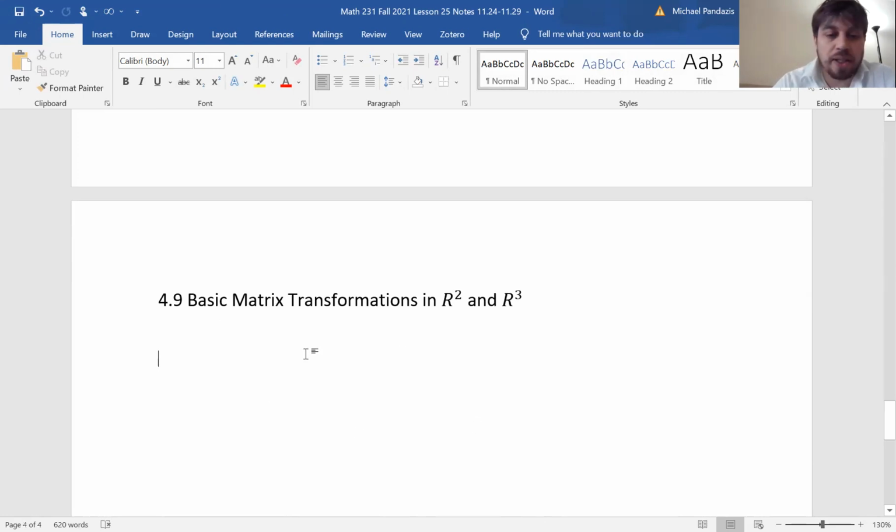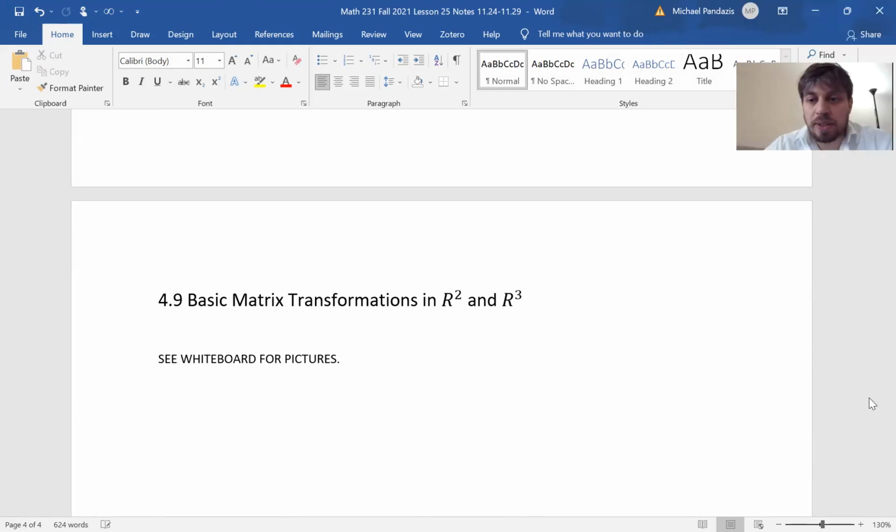Okay, so for this, we're going to look at the whiteboard for pictures. Okay, so let's go to the whiteboard. Okay, so this is 4.9. Okay, and so this is table 1.